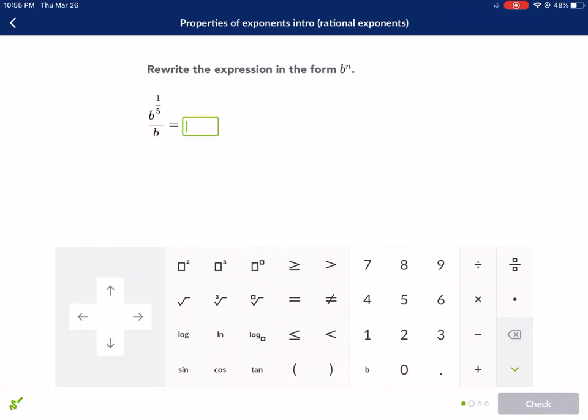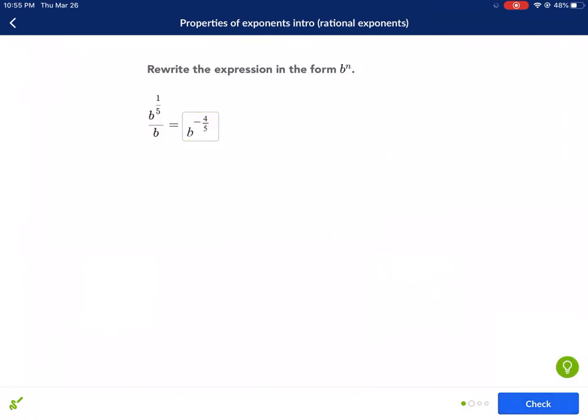We're going to try it as a negative exponent just because I'm having trouble writing that as a fraction. I forgot the negative sign out front. Let me fix that. Negative 4 over 5.